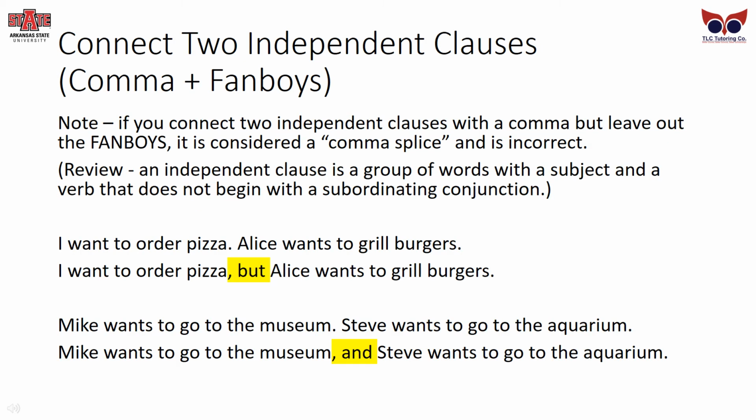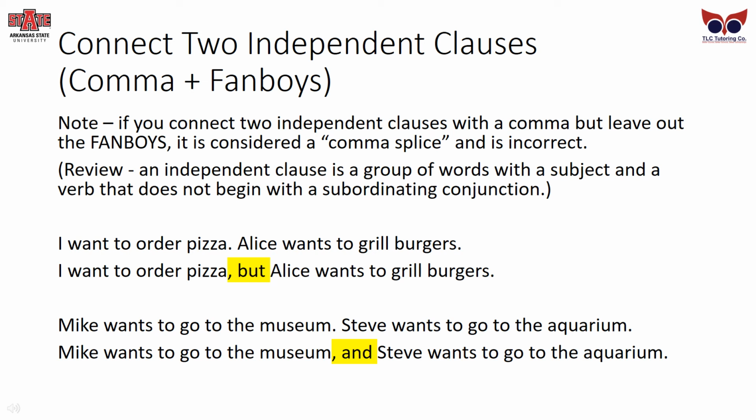Connect two independent clauses with a comma plus fanboys. Note, if you connect two independent clauses with a comma but leave out the fanboys, it is considered a comma splice and is incorrect. Review. An independent clause is a group of words with a subject and a verb that does not begin with a subordinating conjunction.